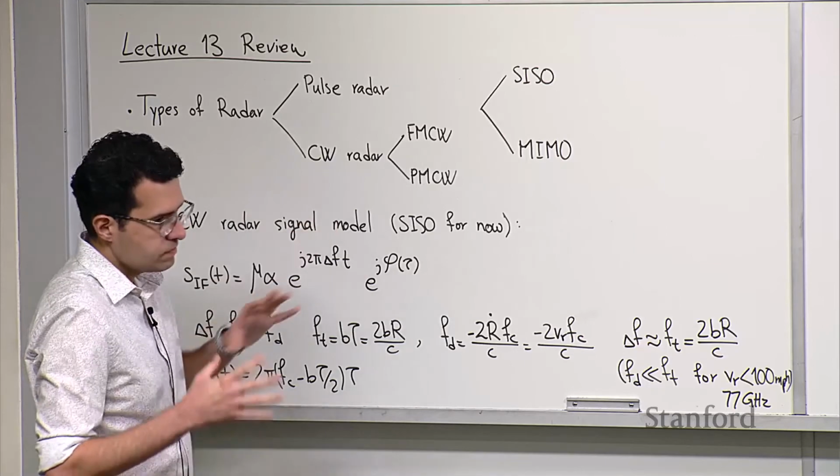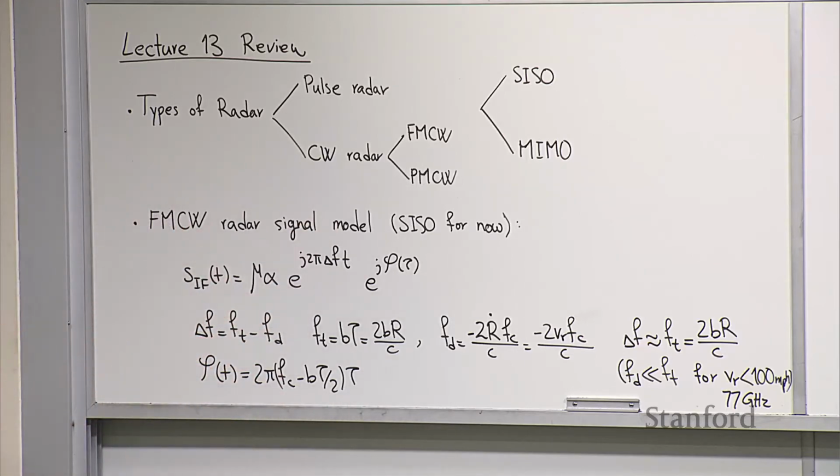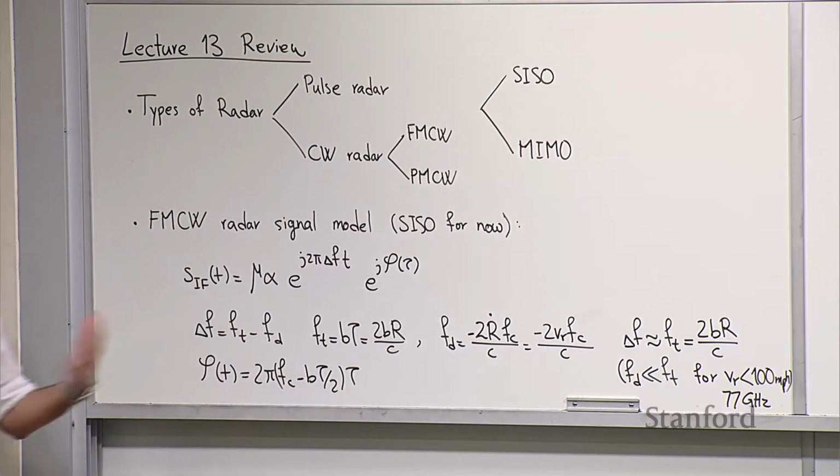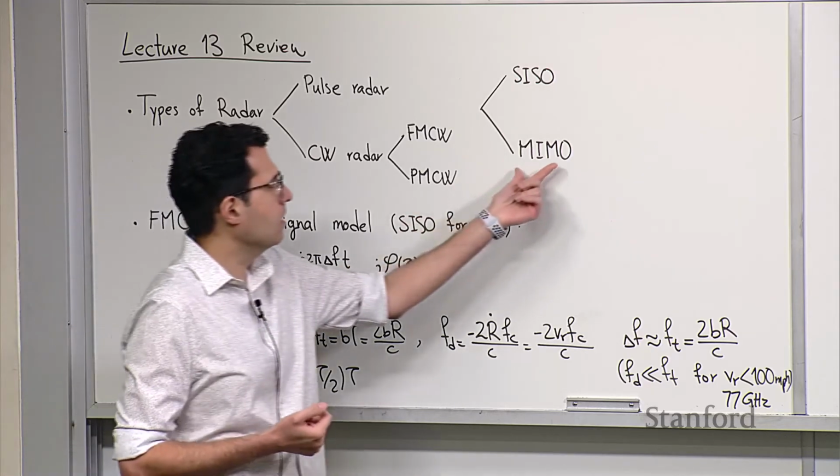And then in terms of the antenna configuration, you can have systems that just have one transmit and one receive antenna, and that's a single input, single output, or SISO system. Or you can have diversity in your antennas, multiple transmitters and multiple receivers, and that makes a MIMO system.